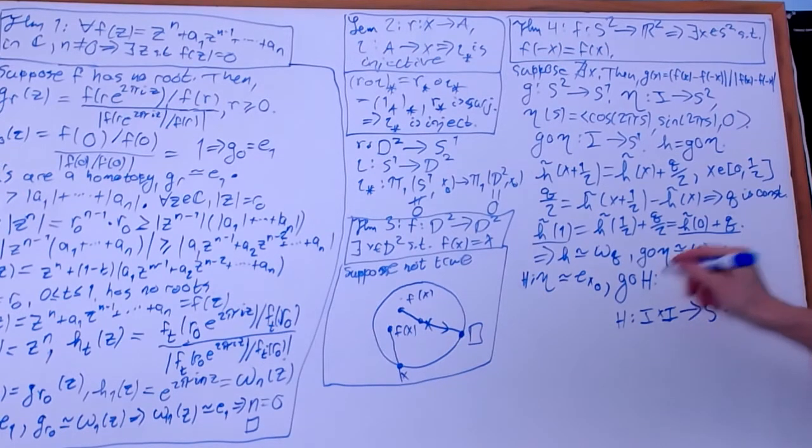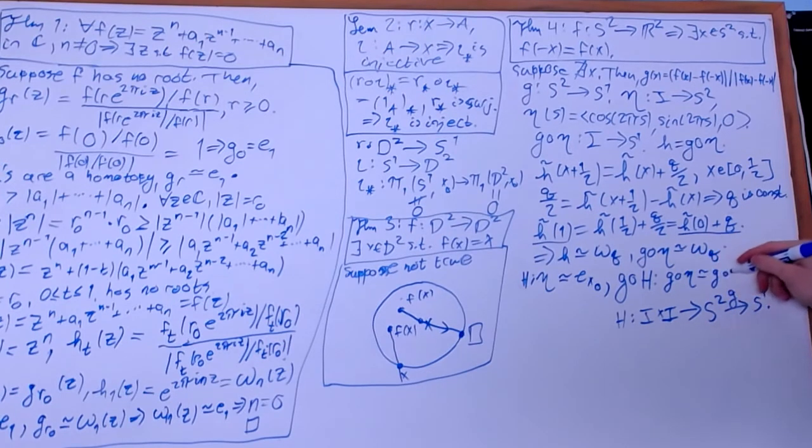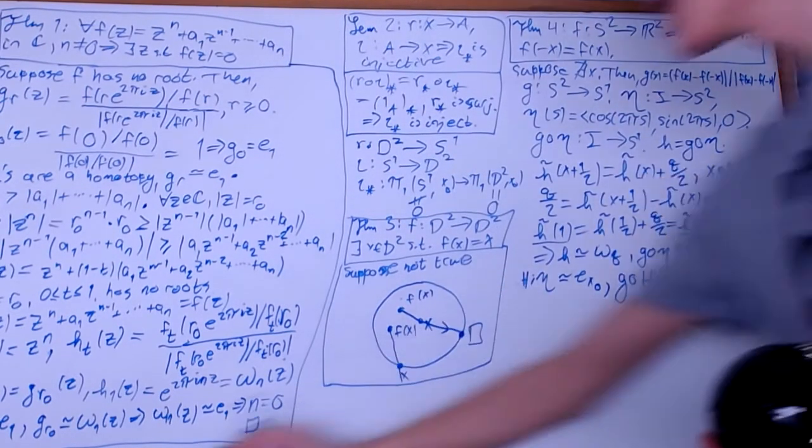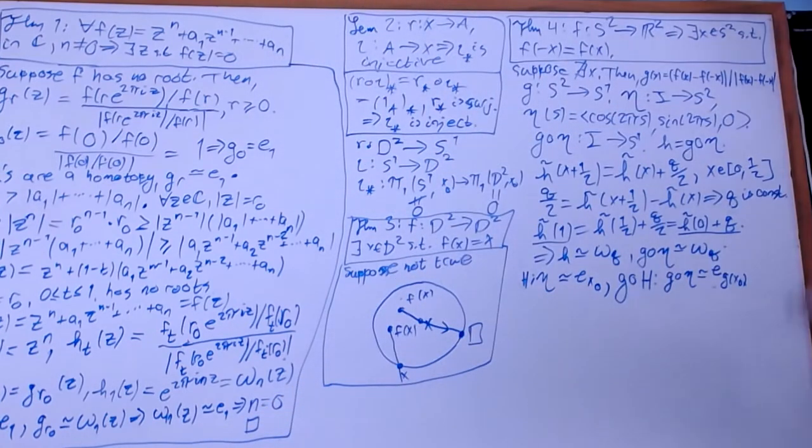And so this would then be a homotopy from g composed eta to g composed ex0. But g composed ex0 is just e at g of x0. Now from before, we know that g composed eta is homotopic to omega q. So that's homotopic to omega q for some odd integer q.